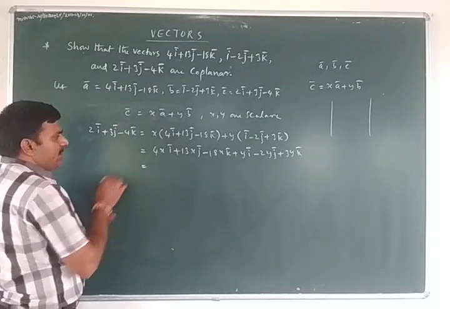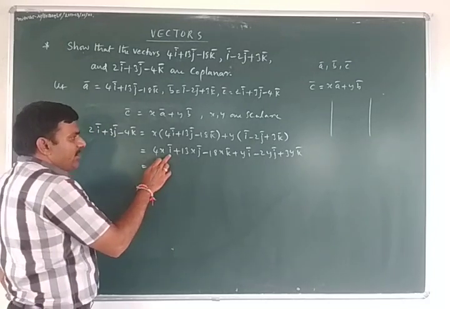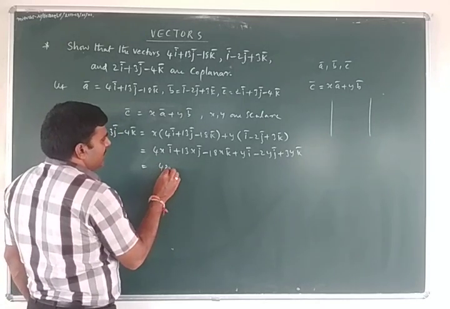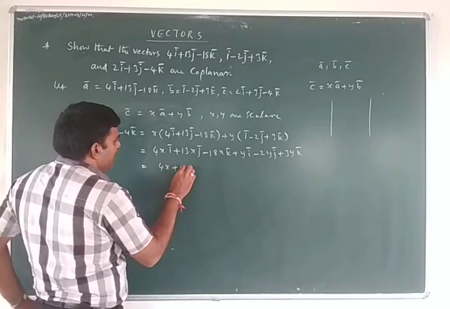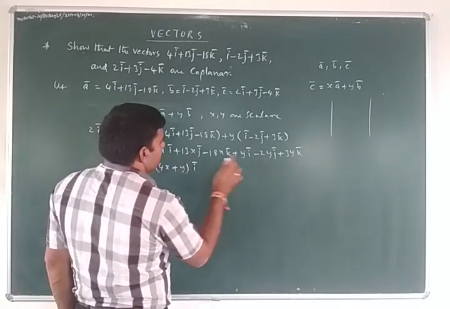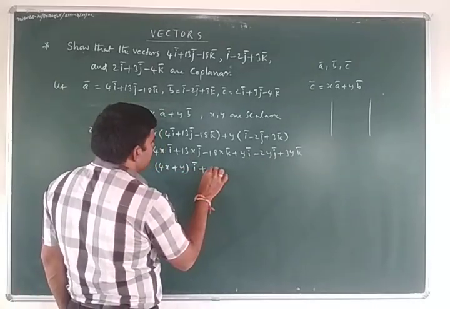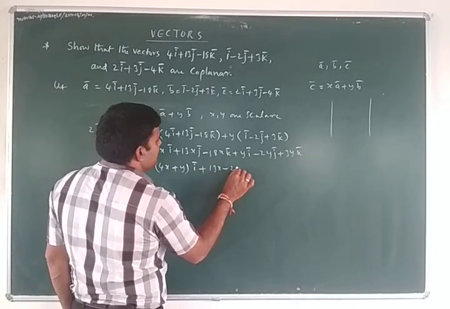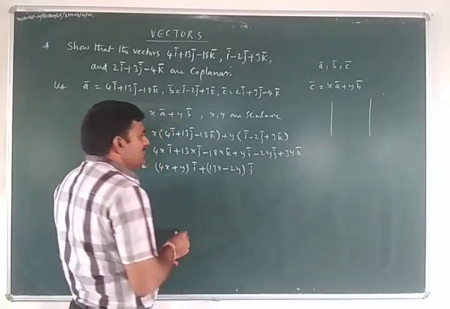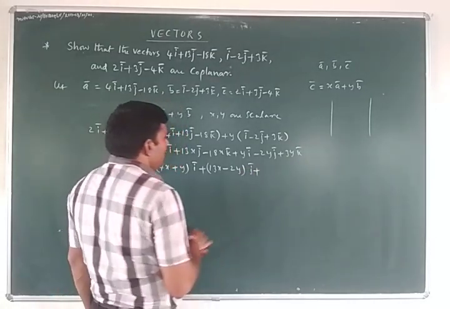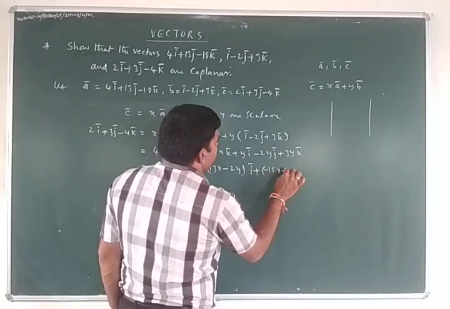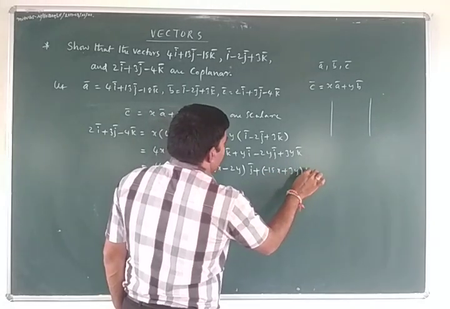Taking i common, that is (4x plus y) into i bar; taking j common, plus (13x minus 2y) into j bar; taking k common, that is (minus 18x plus 3y) into k bar.